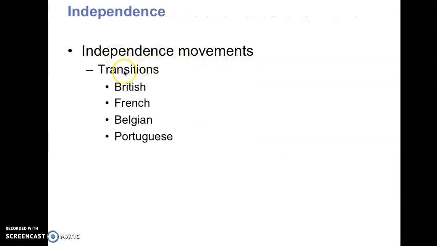Independence movements. So you have these transitions. And most of this, for the most part, was post World War II. So right after the war, starting in World War I, when the British, French, Belgian, the Germans were involved in World War I, they brought troops from all of their colonies, but a lot of troops out of Africa into Europe.